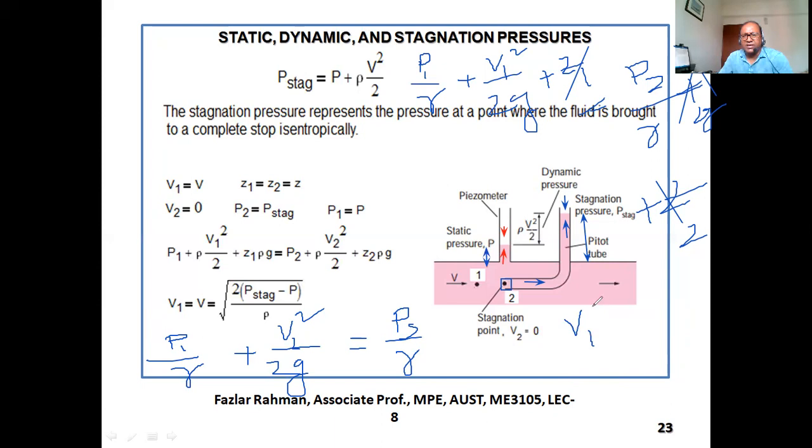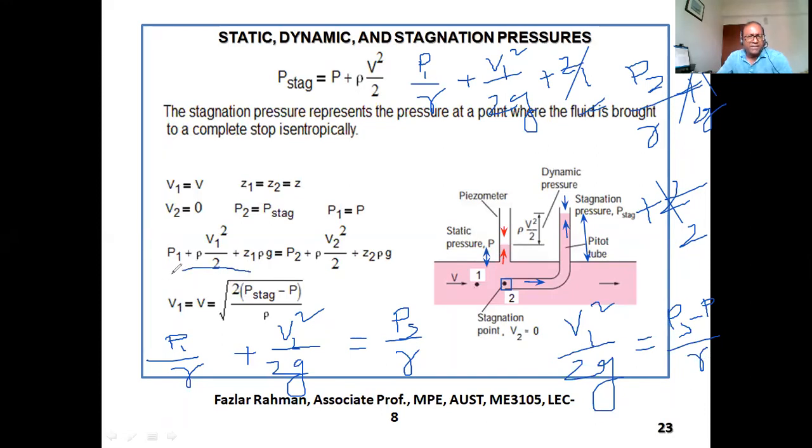V1 square by 2g equals P stagnation minus P1 divided by gamma. Then you get V1 equals the square root of 2 into (P stagnation minus P1) divided by rho, because gamma equals rho g, so g will cancel out.